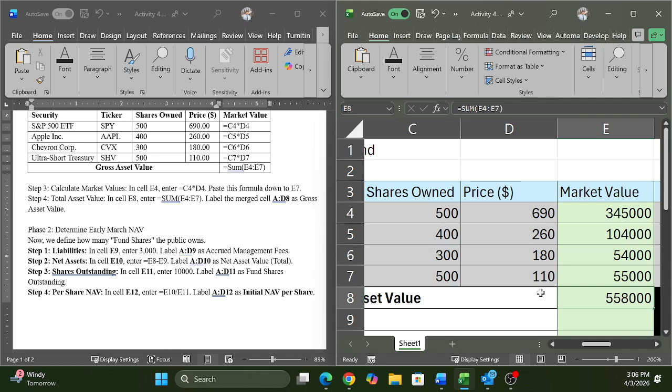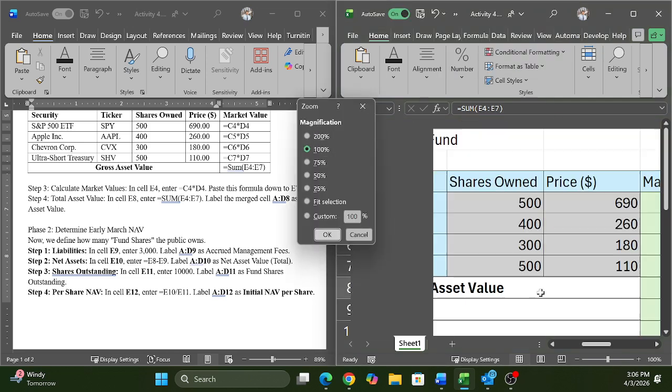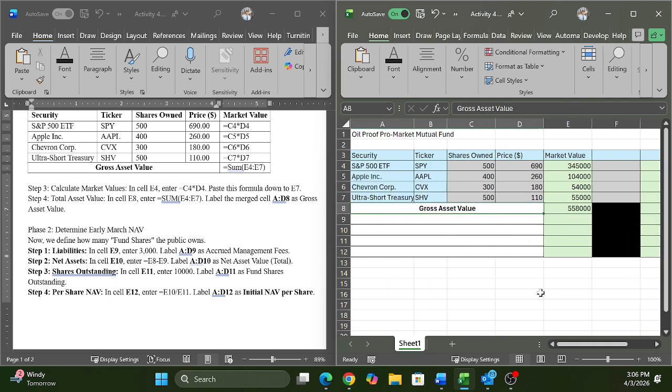Okay, maybe we can make this slightly smaller. There you go. More visible. The next step is phase two. Determine the NAV. So in cell E9, we enter 3000.